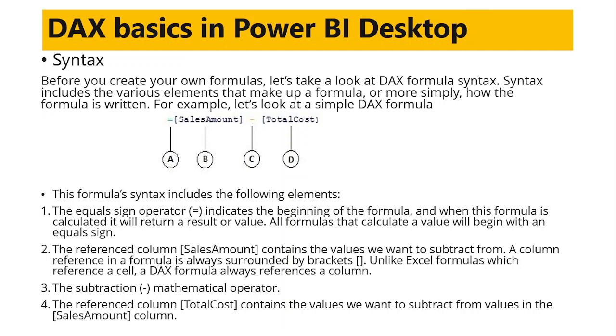The very first basic thing is, when you want to write a DAX measure, it should start with an equal to sign, and then you refer to a particular column, in square brackets, and then the operator to subtract, add, divide, or multiply, and then the referred column, that is the total cost column here. So this is the basic syntax which you should keep in mind before using the DAX measure.